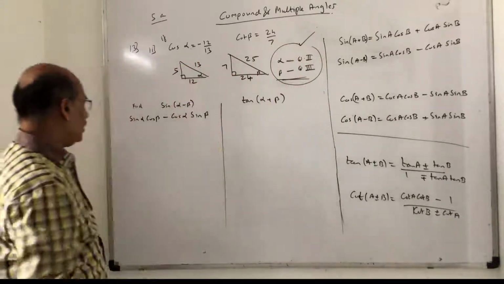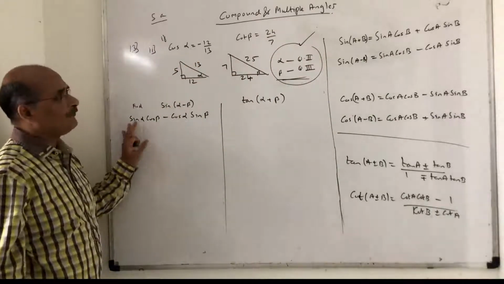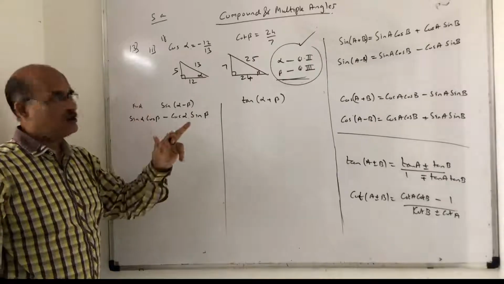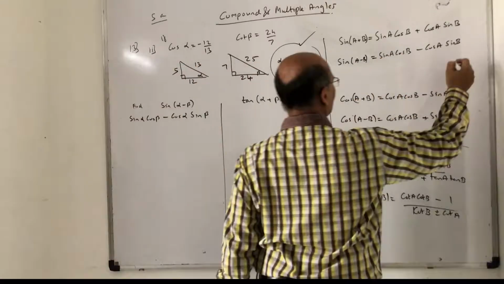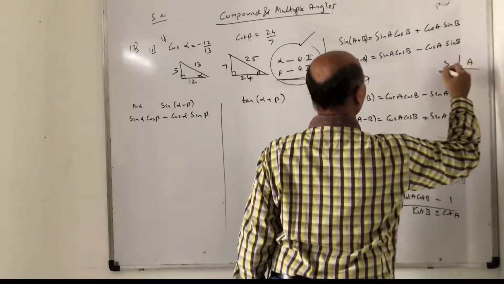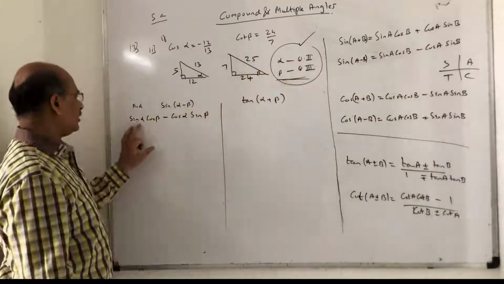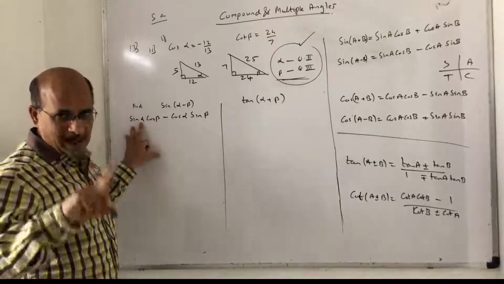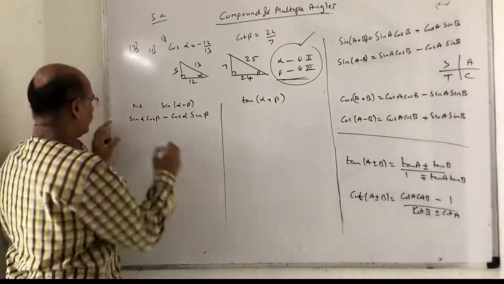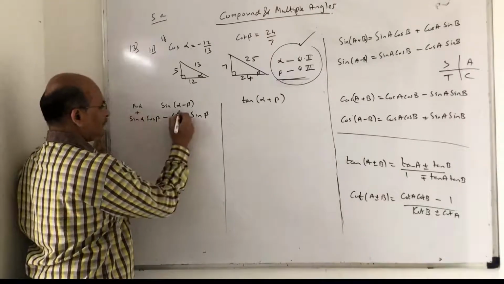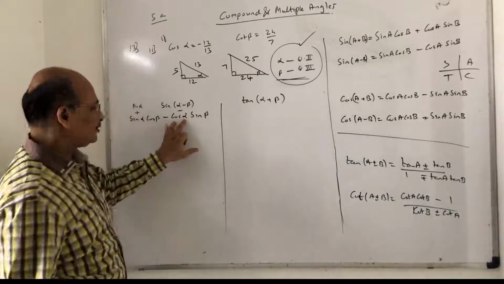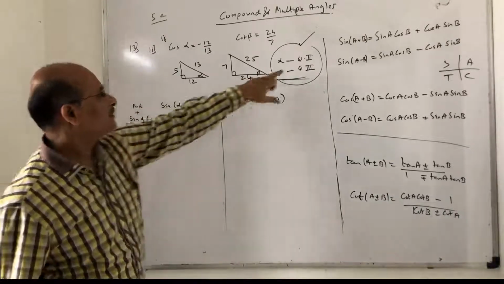Now you have to be careful because they have specified which quadrant alpha and beta belong to. Look at alpha first. Alpha belongs to the second quadrant. So in the second quadrant, remember the add sugar to coffee rule. Second quadrant: sine and cosec are positive. So sin alpha will be positive, cos alpha will be negative, because I am considering quadrant 2.